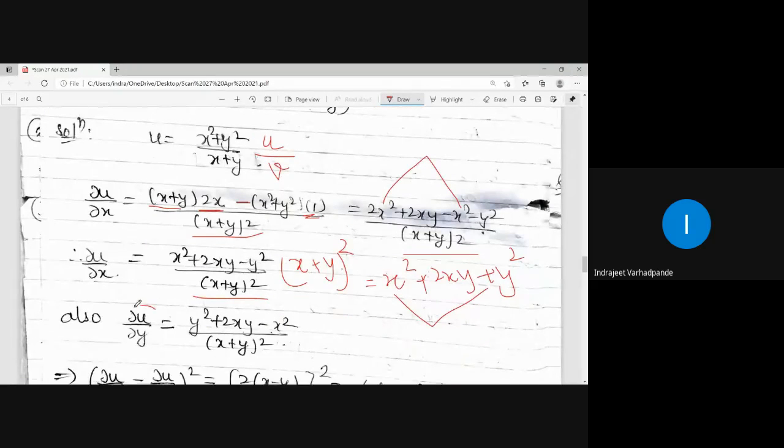Now you calculate del u by del y. Del u by del y similarly will be differentiated applying quotient rule, keeping x constant. So how will the derivative be written?